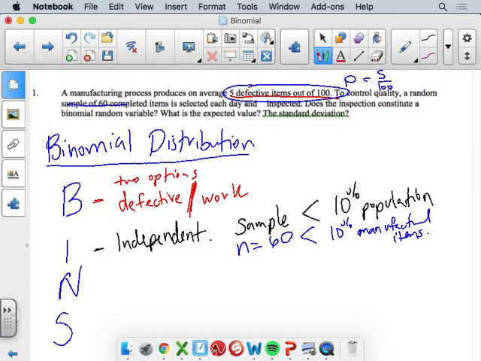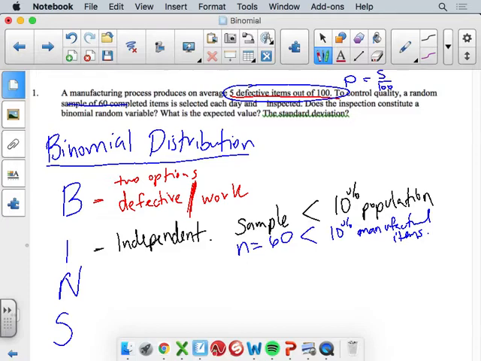Okay, so let's go back. Binary is, I was looking for a defective item or if it worked. My samples are independent because it's small enough. I'm assuming, and sometimes you do have to assume, that this manufacturing plant did it. If I was actually doing this, I would want to make sure.